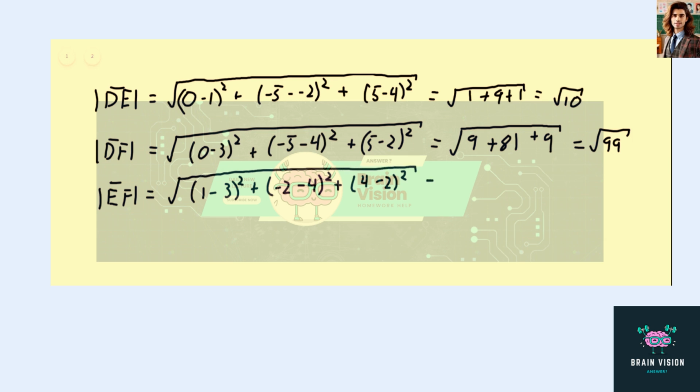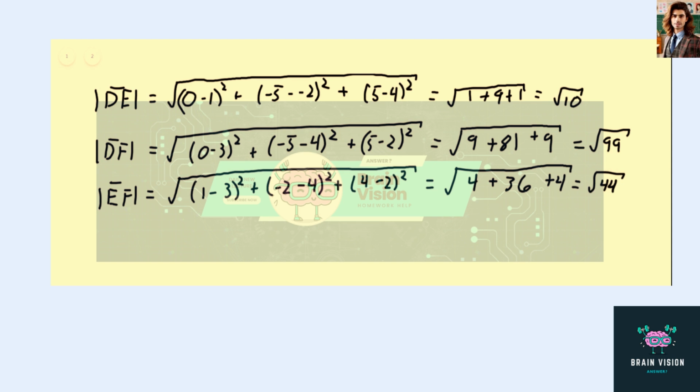All right. 1 minus 3 is -2 squared is 4. That'd be -6 squared is 36. 2 squared is 4. So this would be the square root of 44.